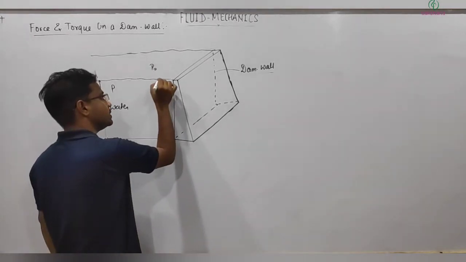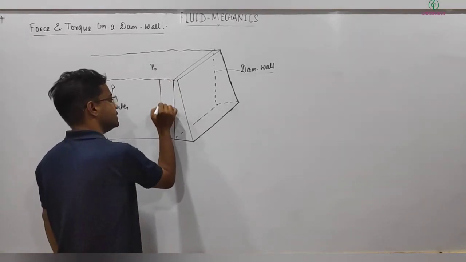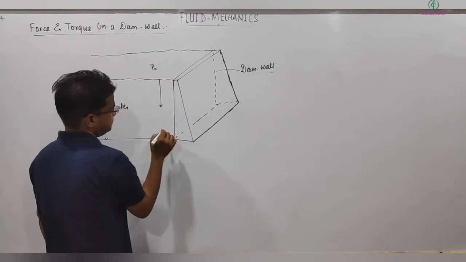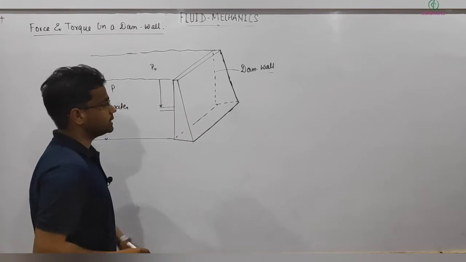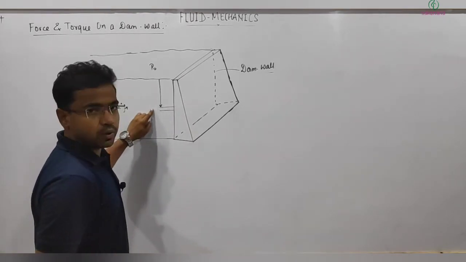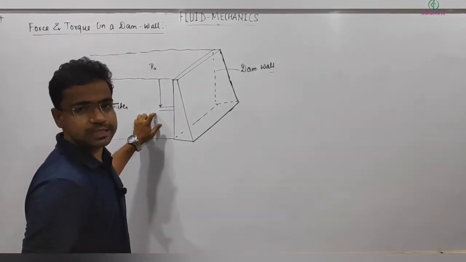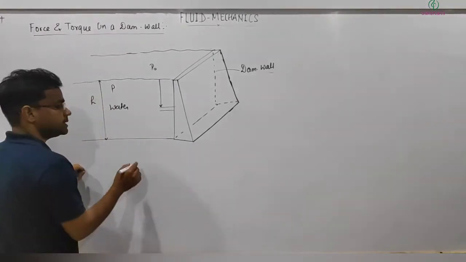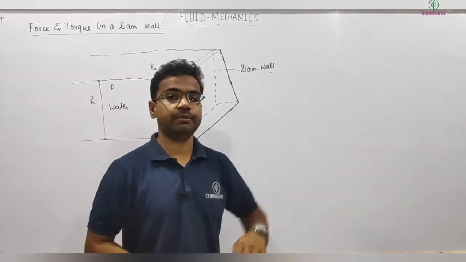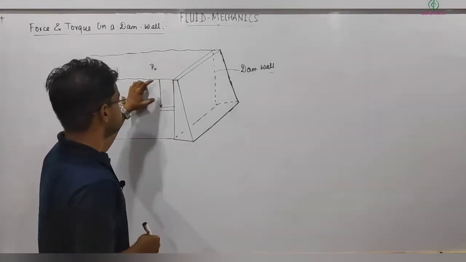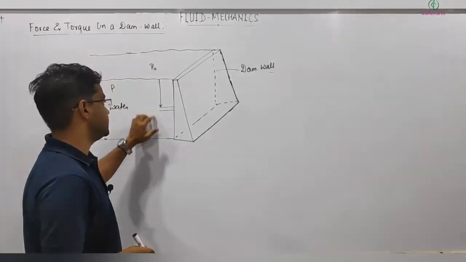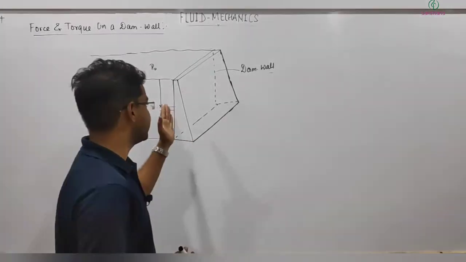As you go down from the top surface, the pressure will be changing, because pressure depends on the depth. So P is equal to P naught plus rho g h. Here h, the depth from the top surface, is changing, so the pressure will be changing.